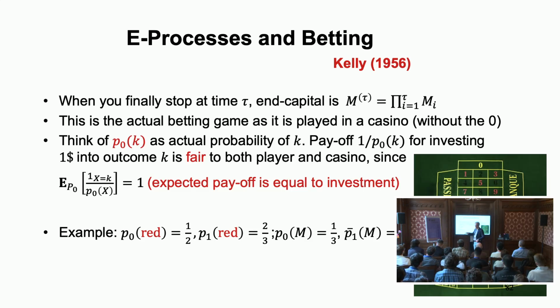And more generally, if you put your money on different outcomes, a fraction here and a fraction there, it doesn't matter. The expectation stays 1, because it's a weighted combination of things with expectation 1, which has expectation 1. So you always have expectation 1, which means that you're implicitly doing something with e-values. And the interpretation is you don't expect to gain any money.